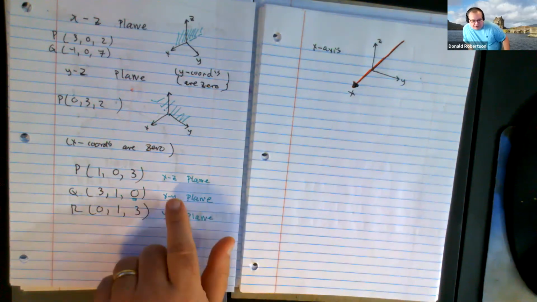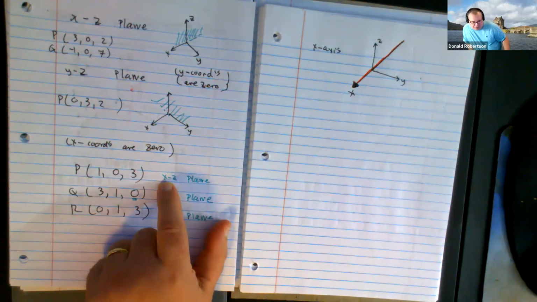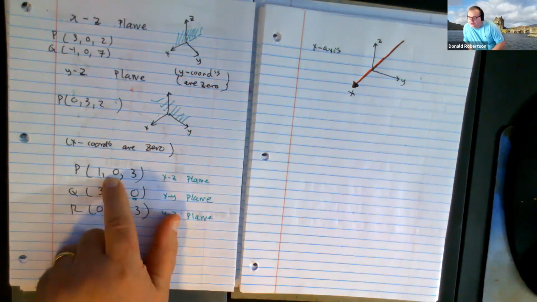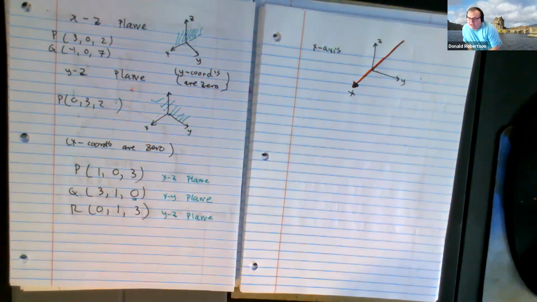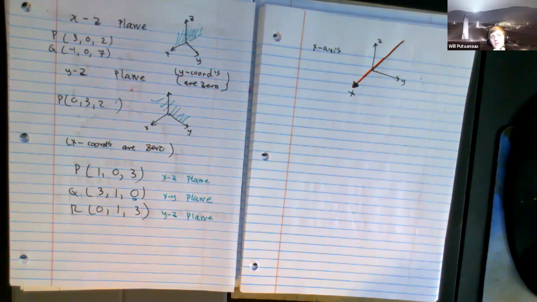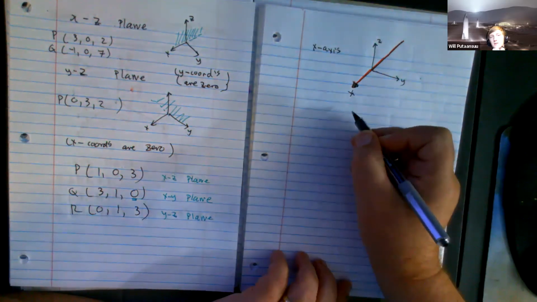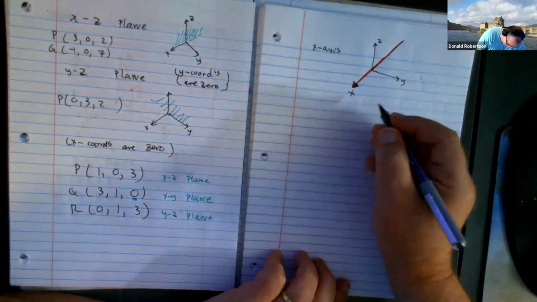Remember that the trick here was if you're on the xz plane, your y coordinate is 0, right? But if you're on the x-axis, what can you tell me about the coordinates of every single point that's on the x-axis? Both the Y and the Z coordinates are 0.